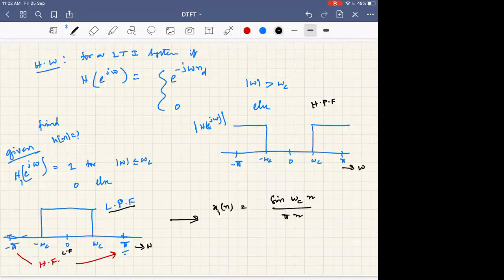Now the question is, given this h1 of n, find h of n. You can use properties and a little bit of linearity and other things. Our final question is: find h of n, given h1 of n.